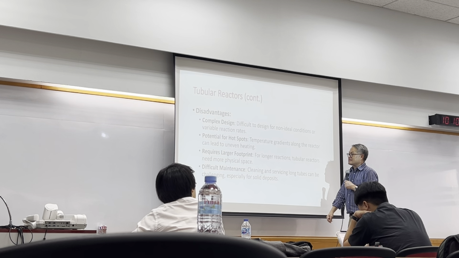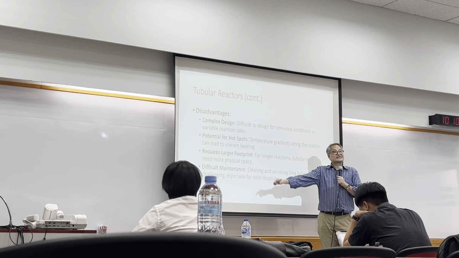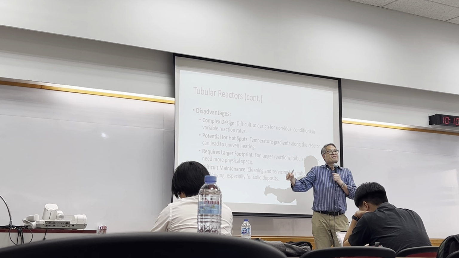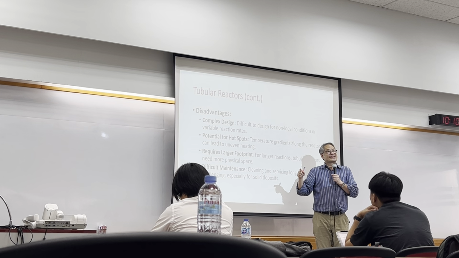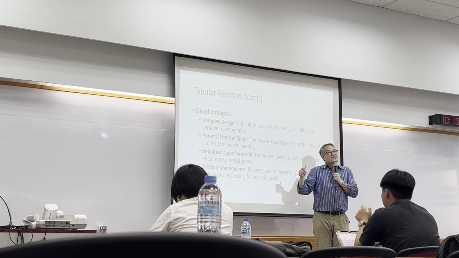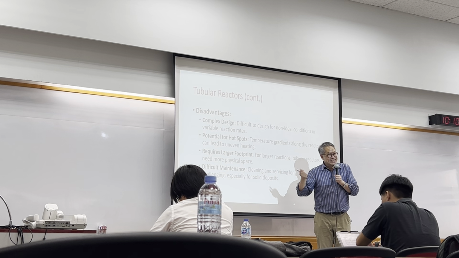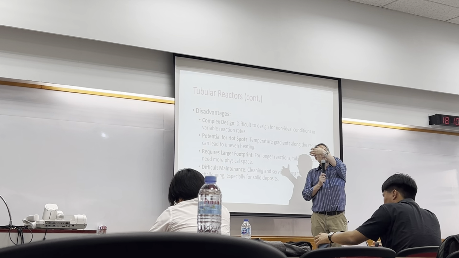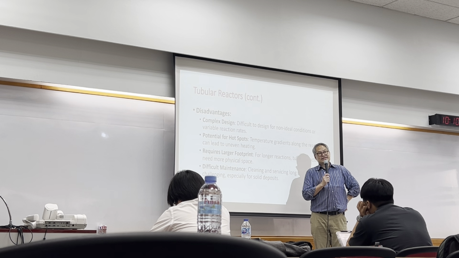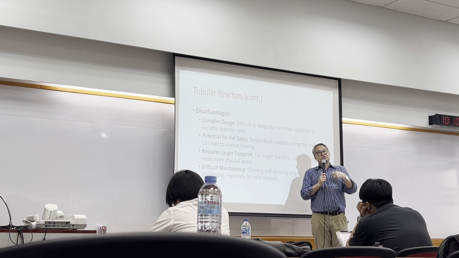It's difficult to maintain because it's a continuous tube. If something is stuck inside, you need to remove that section and clear it. But you need to know first where the deposit is inside, and usually you don't know, so you have to use some kind of non-destructive technique, like X-ray, to find out if there's some deposit inside.